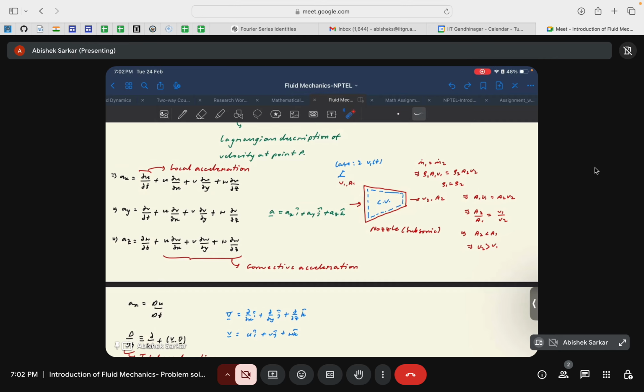So now if you move across the cave, the temperature will again change. The temperature change because of a movement across the cave is what the convective change would mean.